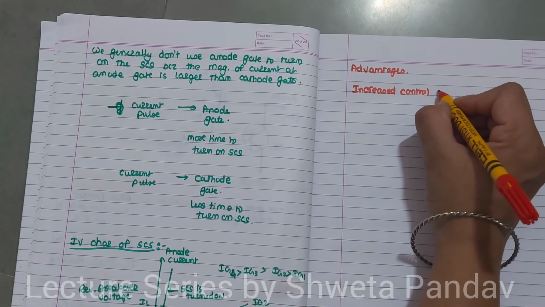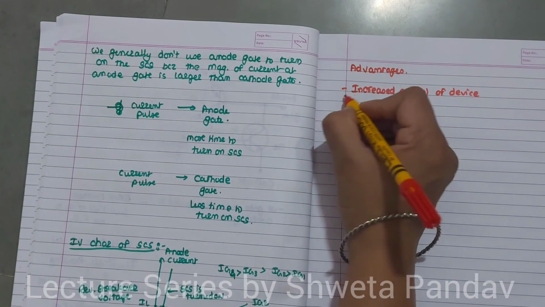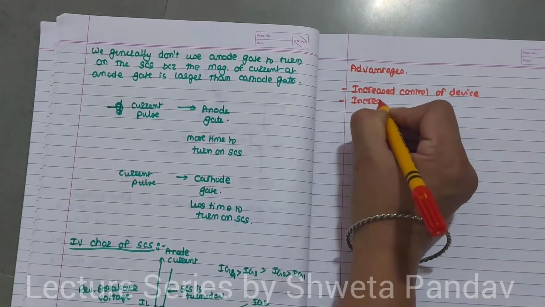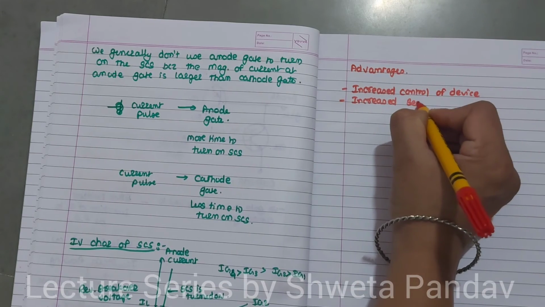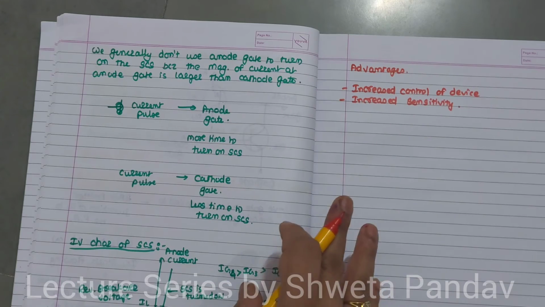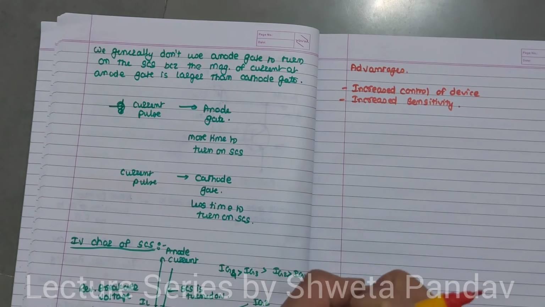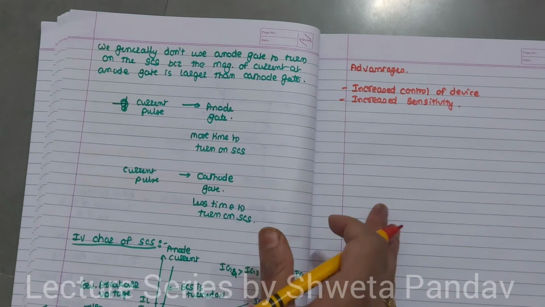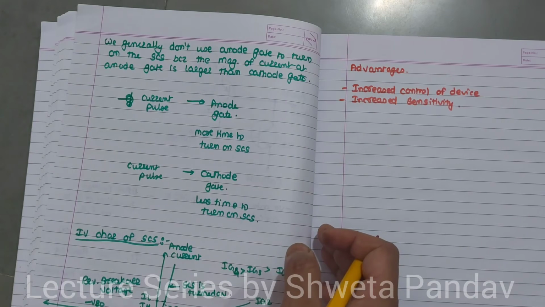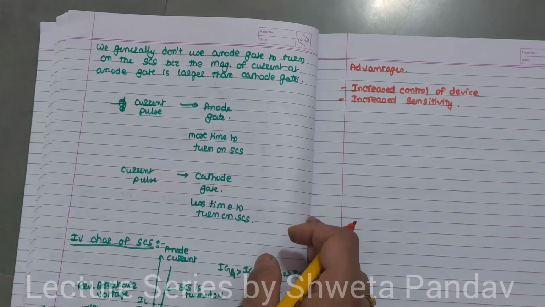So increased control of the device is possible in the SCS. We also have increased sensitivity here. We have two gates, the cathode gate and the anode gate. With the help of two gates, we can turn the device on and off very quickly. It is very sensitive to what we apply at the anode gate as well as at the cathode gate.